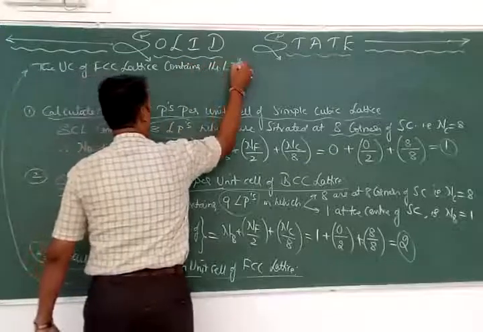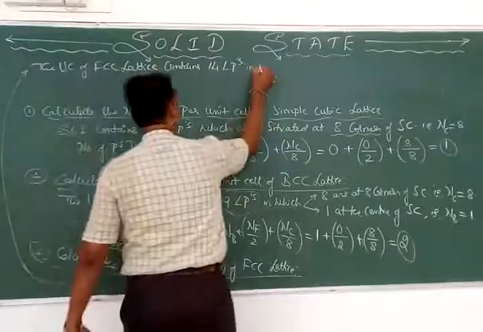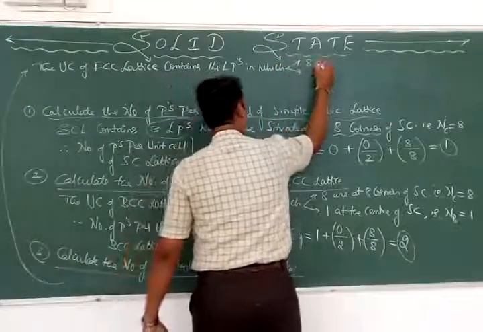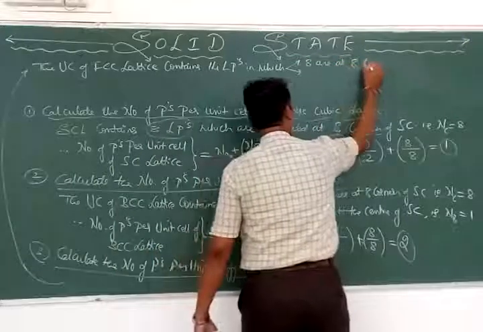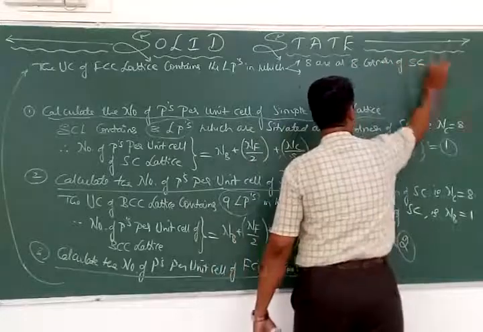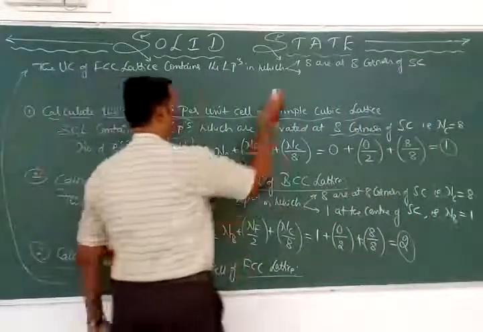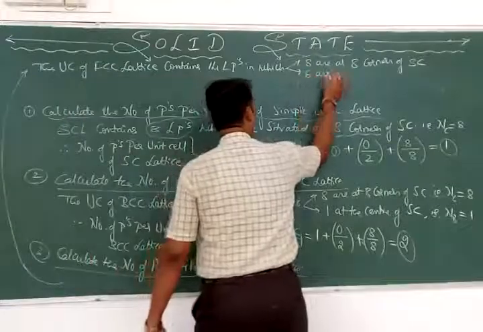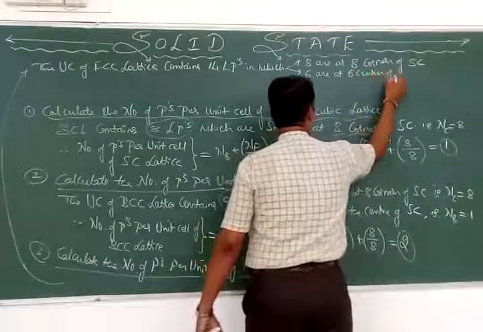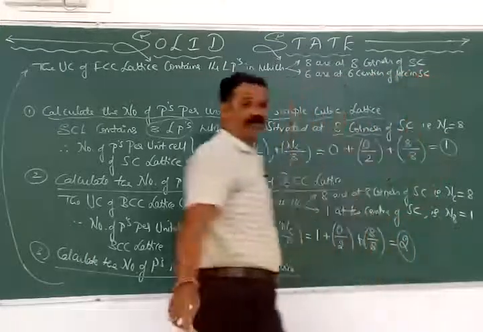14 lattice points. 14 lattice points, in which 8 are at the 8 corners of the simple cube and 6 are at the 6 centers of the faces in the simple cube.